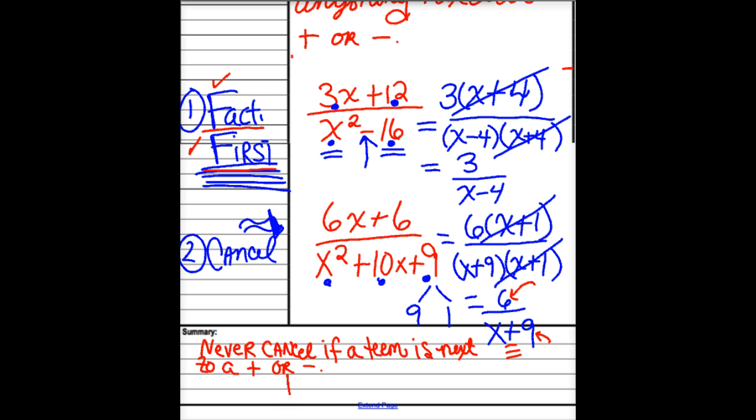What do we do? We factor first, and then when we're done, we are a mad slasher. You slash at the end, not at the beginning.